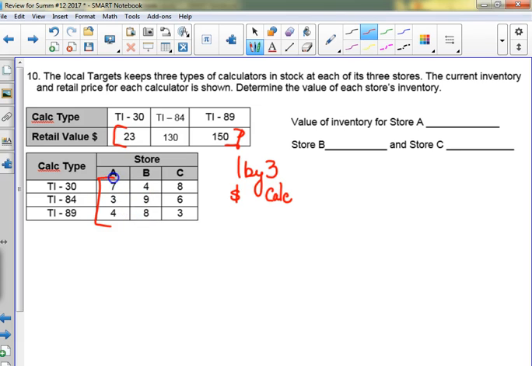If I look at this little guy, he's a 3 by 3, where the rows are the calculators and the other 3 up and down are the stores. So what order could I multiply these in where I'd end up with dollars per store?